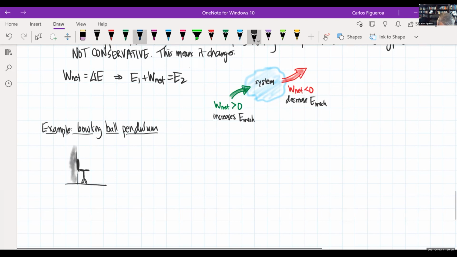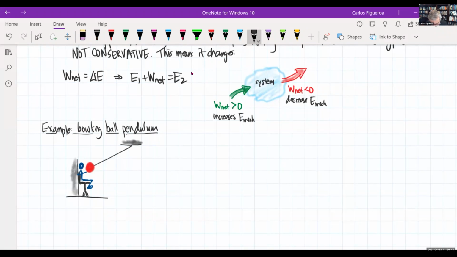And then I would sit myself down in this chair, and I'm now holding a bowling ball right at my face. So I have a bowling ball right here, and this is tethered to a spot up here.